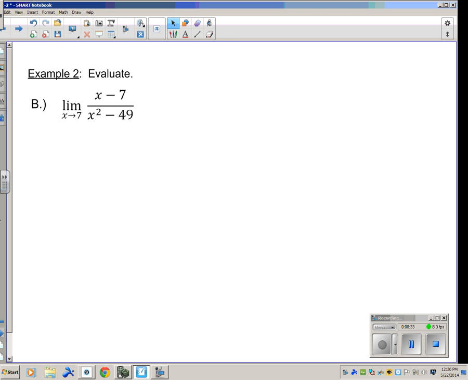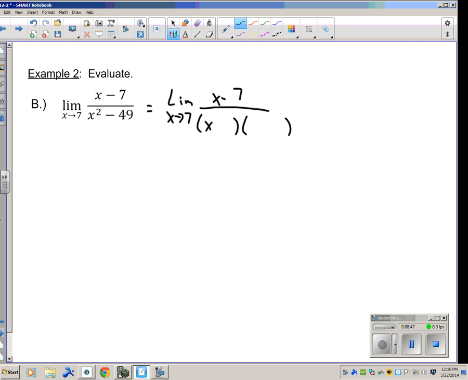All right, this one here looks very similar. I'm thinking, oh, another squared thing. I can't directly substitute 7 in there because I'll get 0 in my denominator. So I'm going to go ahead and see if I can factor my denominator. Oh yeah, that's the difference of squares again: x plus 7 and x minus 7. So this time, my x minus 7's just cancel out.